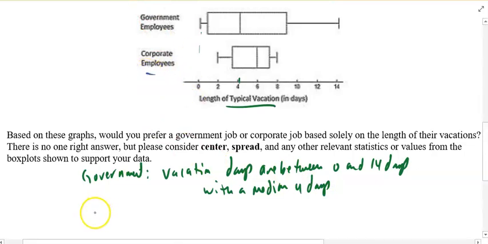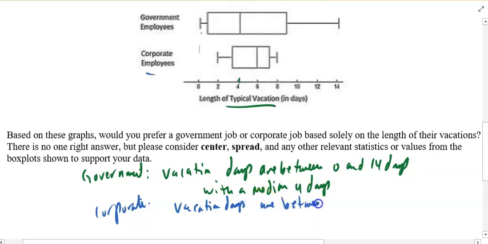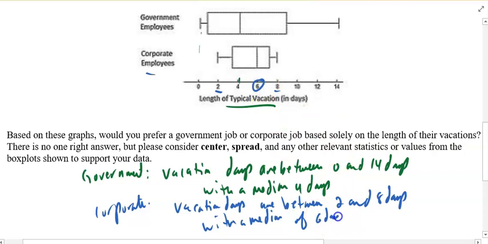As for the corporate, the vacation days are between 2 and 8, less, with a median of about 6 days.